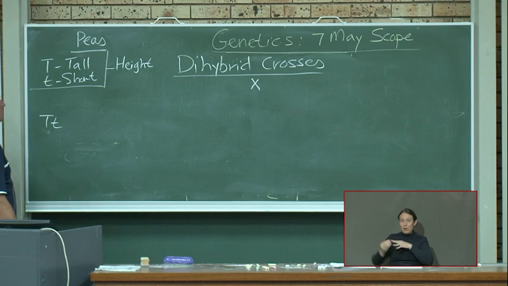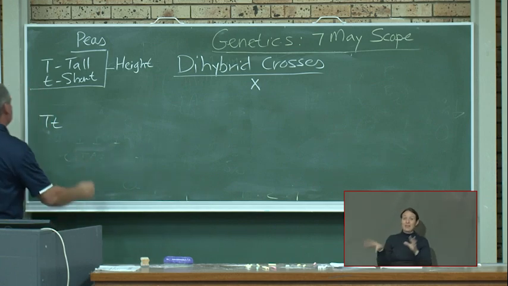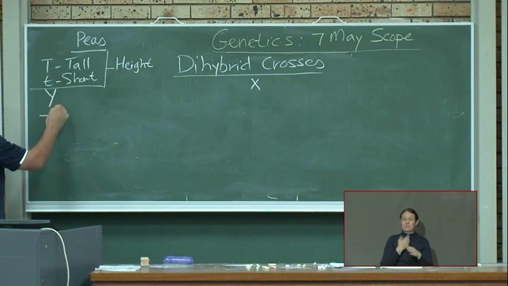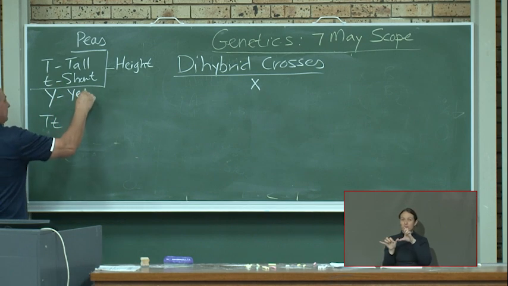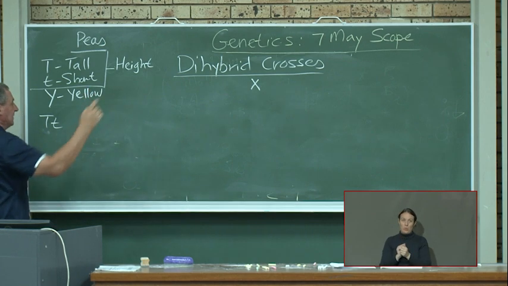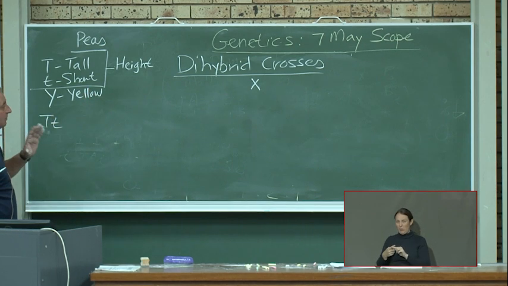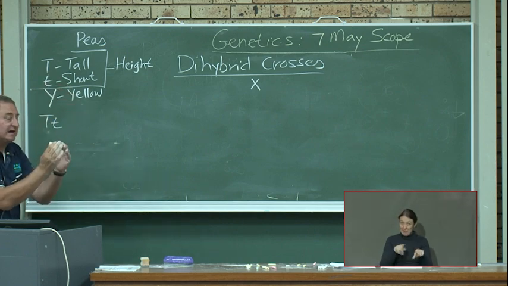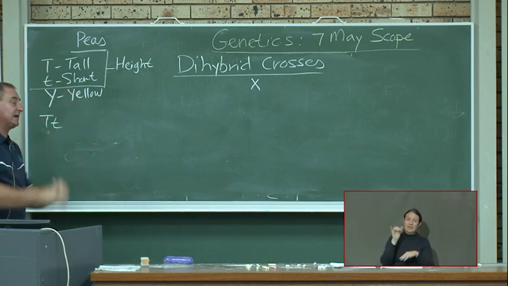But then he also looked at the color of the seeds. He said that at the same time, we can look at the color of the seeds. He says that capital Y stands for yellow. Previously I just looked at the seed color. Now, Mendel said, let's look also at another feature, not only the seed color, but the height of the plant at the same time.